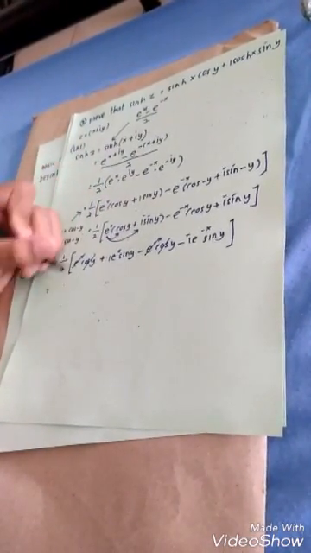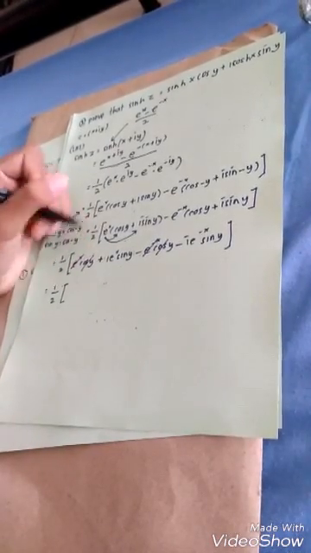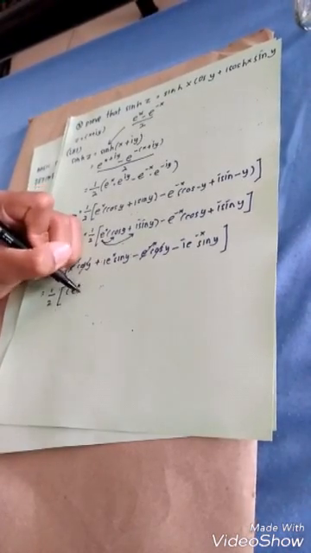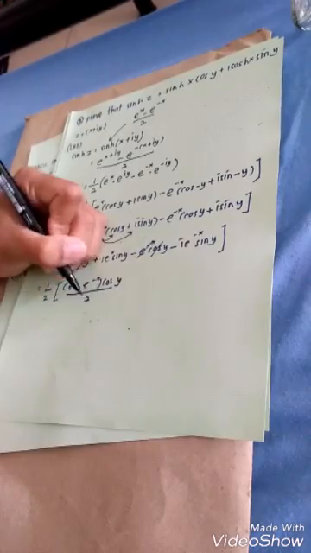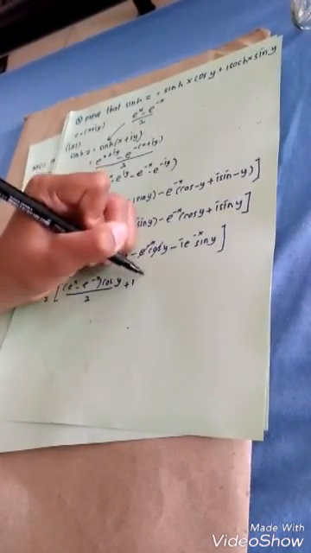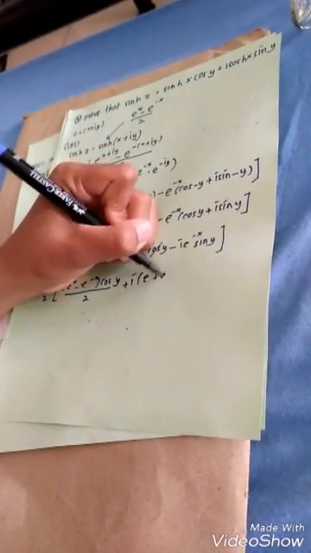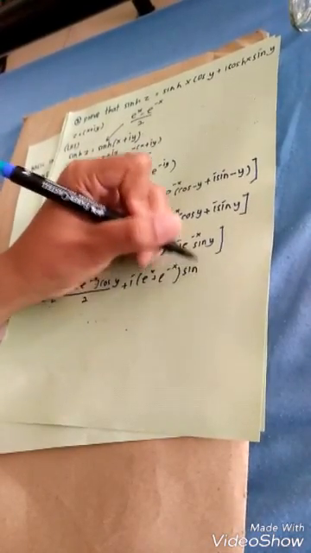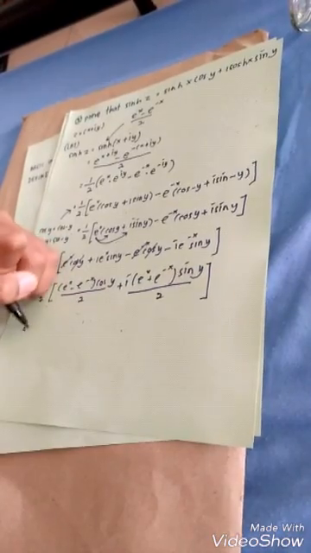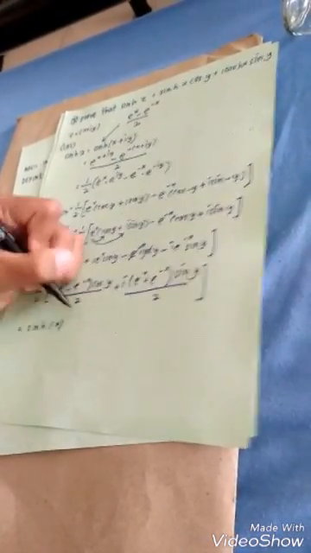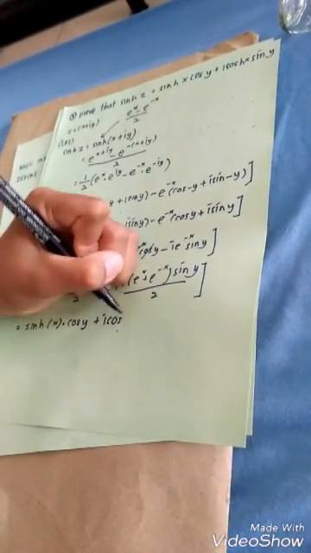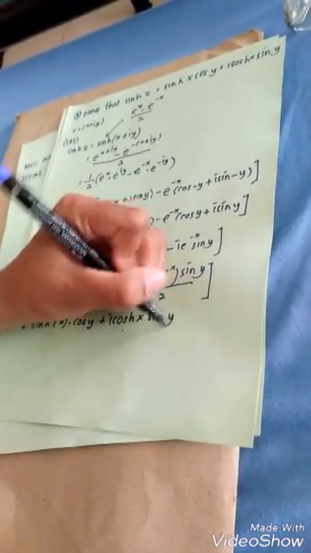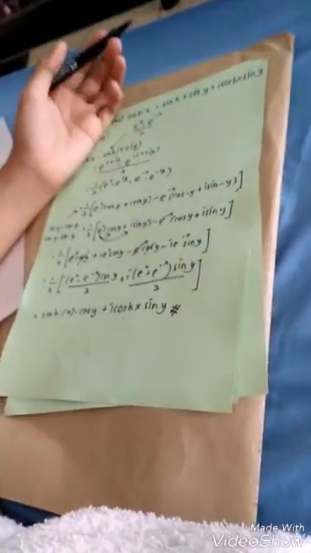Okay, and it becomes 1 over 2 of (e^x minus e^(-x)) cos y over 2 plus i (e^x plus e^(-x)) sin y over 2. Then we get sinh x cos y plus i cosh x sin y. So, that's all. Thank you.